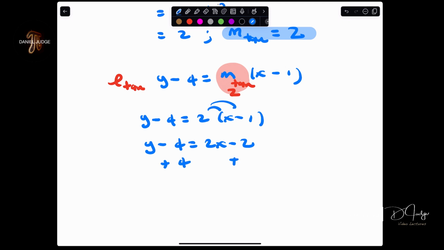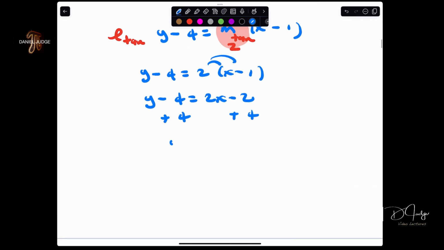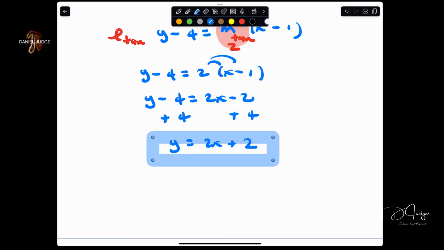Okay, solving for y, you're going to end up with the slope-intercept form. And this is the equation. This is your L tangent: 2x plus 2.